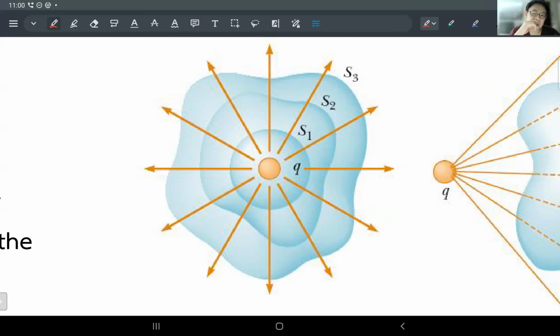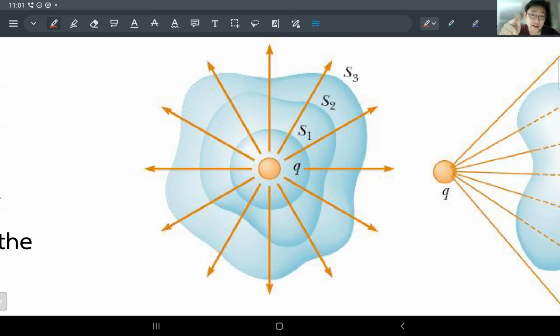Oh, we have fewer and fewer students now. Is it too early for this class? No, 10 is not that bad. Okay, guys, which one, S1, S2, or S3, has the highest amount of flux? What do you think?